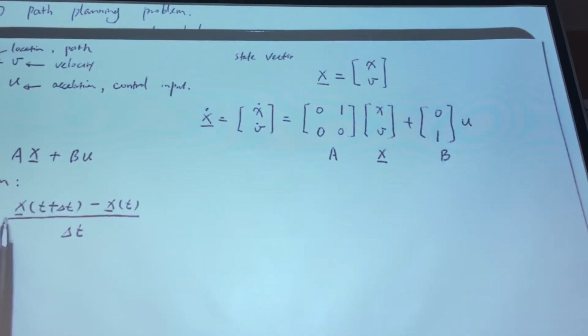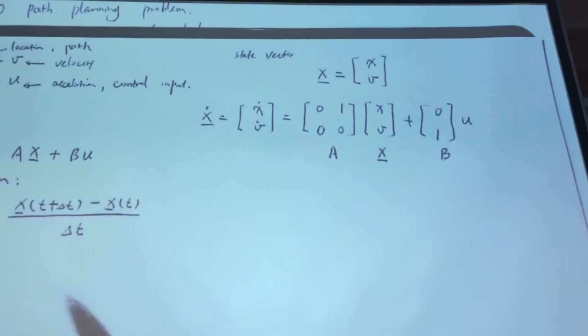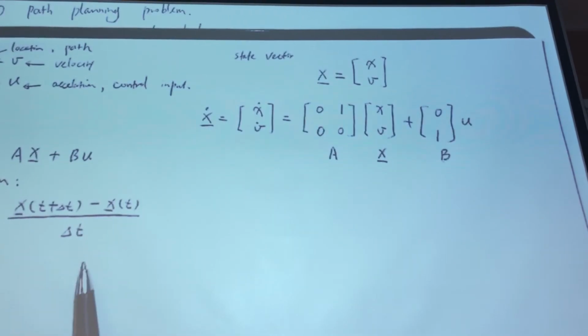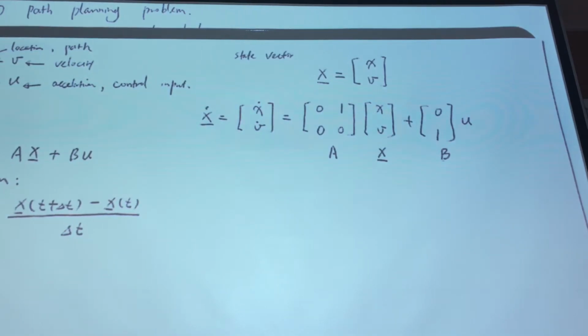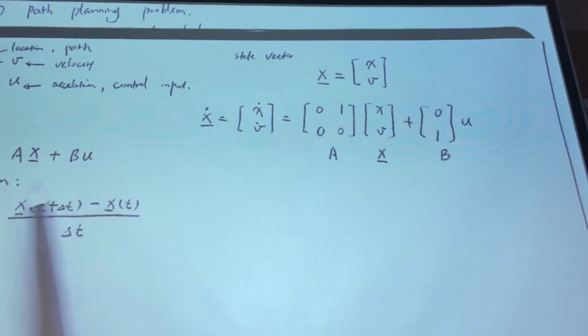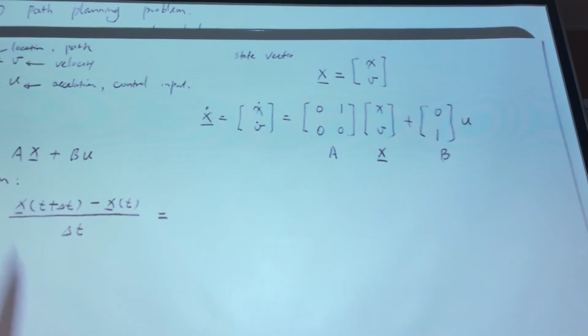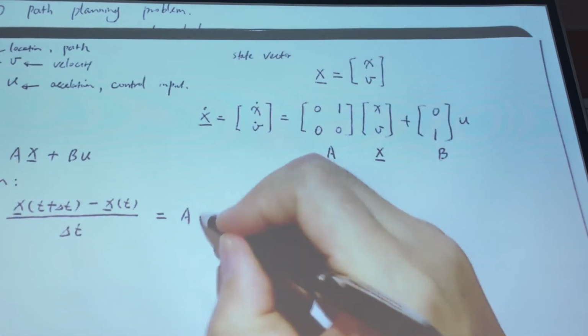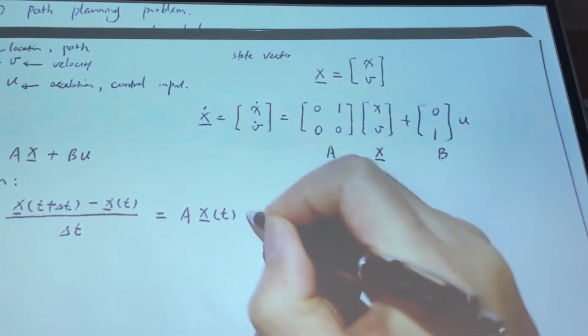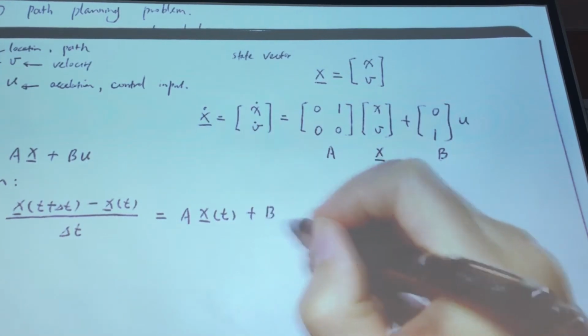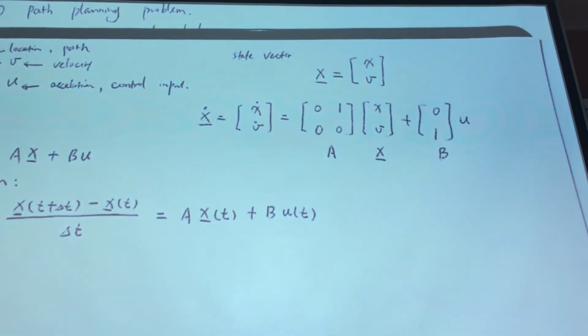The derivative is given by this quantity, but with delta t approaching zero. So we may approximate the derivative by this equation, which is given by A xt plus B ut.